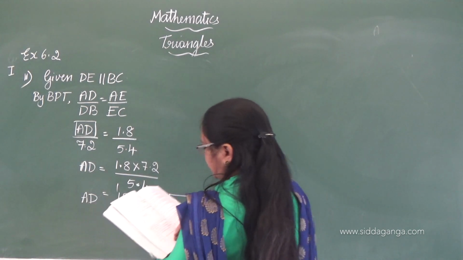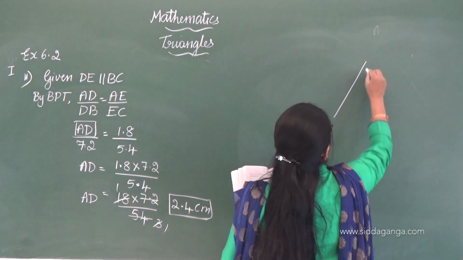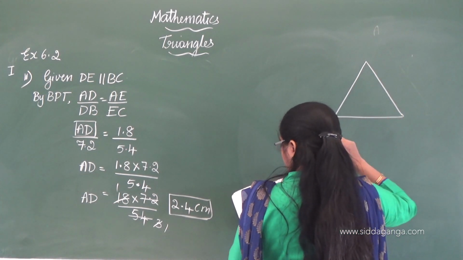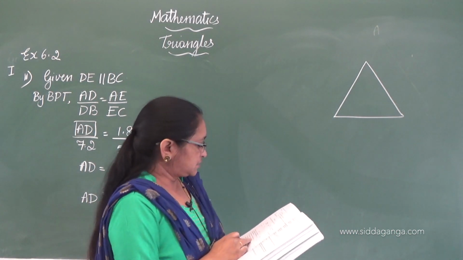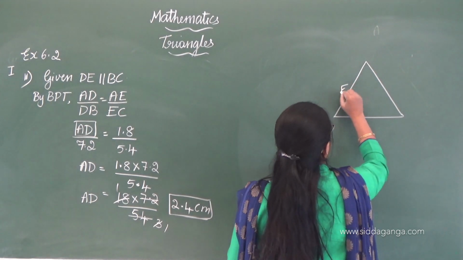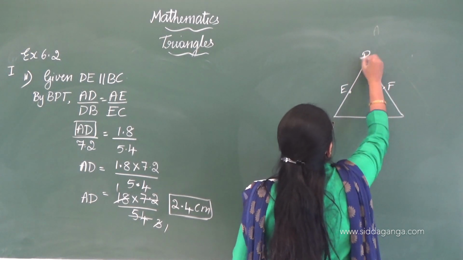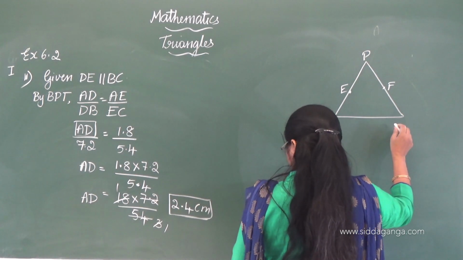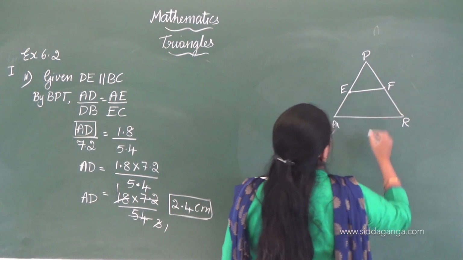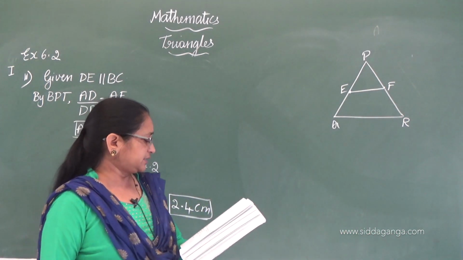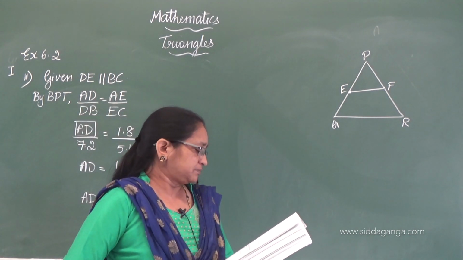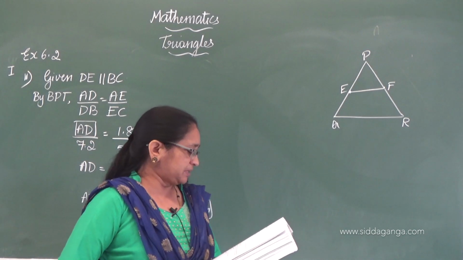So you have to draw the diagram, PQR. Read: E and F are the points on the sides PQ and PR respectively of a triangle PQR.